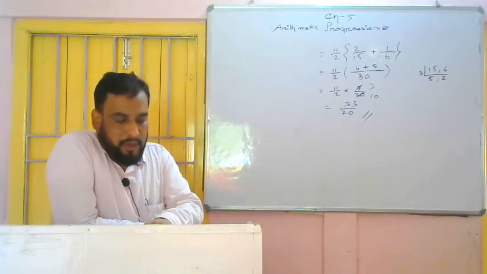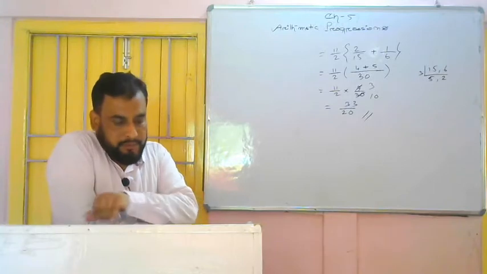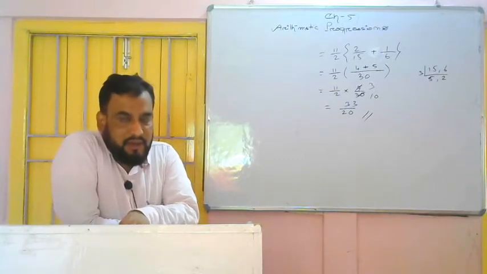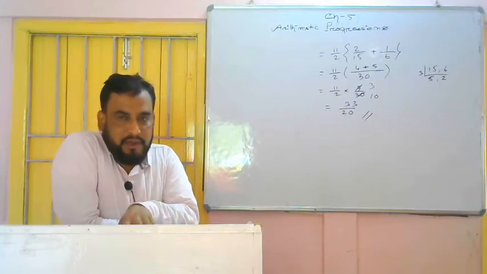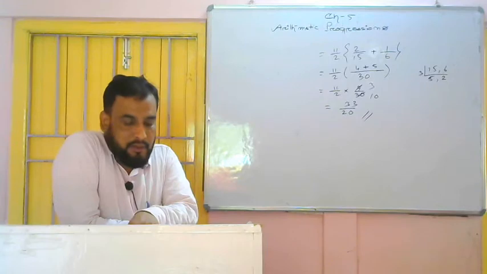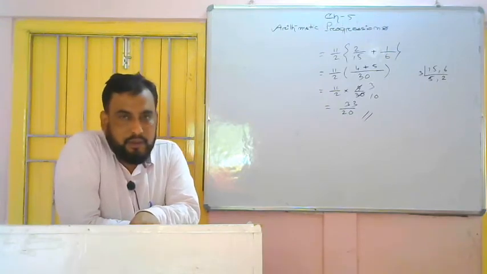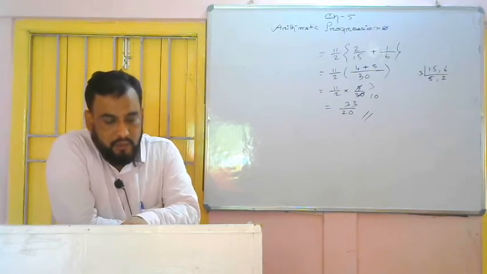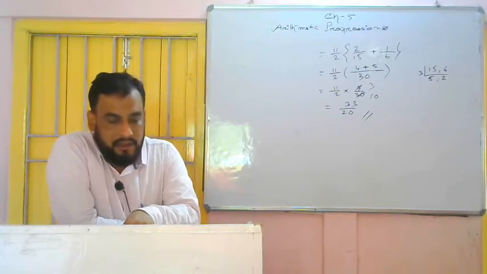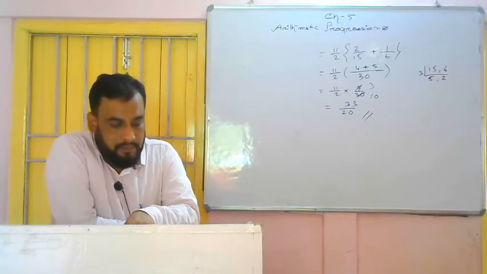Now come to question number 2. You see, what is the difference between question number 1 and question number 2? In question number 1, the series was up to a given number of terms, and now it is dot dot dot plus 84.